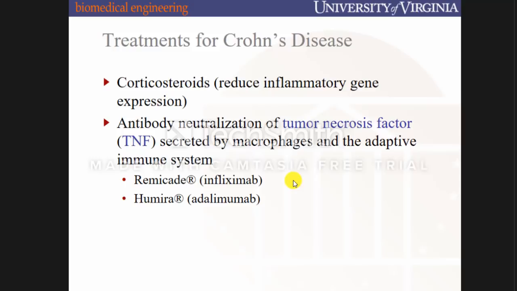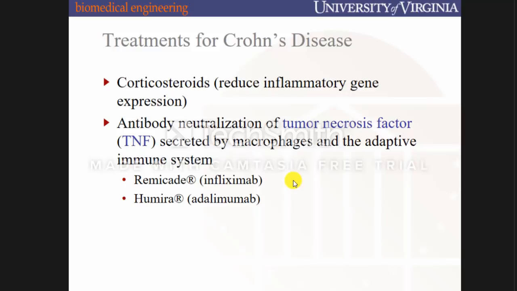TNF is tumor necrosis factor. Despite the name bearing tumor in it, it's largely an inflammatory cytokine. There's like the three horsemen of the apocalypse for inflammation: TNF, IL-6, and IL-1 beta. And TNF was implicated in how Crohn's disease works when there's a lot of inflammation.